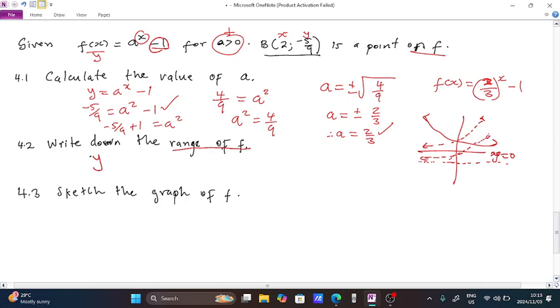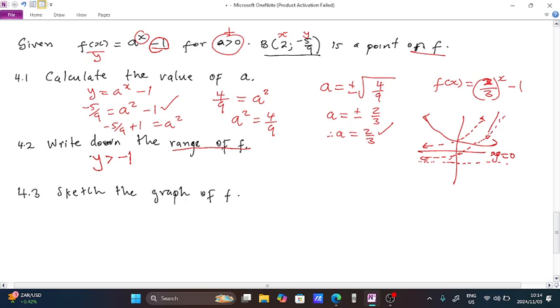So the only part that will not be touched is this one. So it's only y greater than -1. It never touches -1, so it will always be above -1. So that is the range. But above, it will always go up to infinity. That's what we can have.